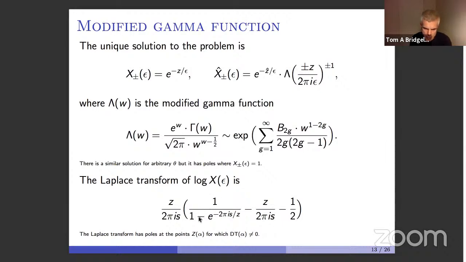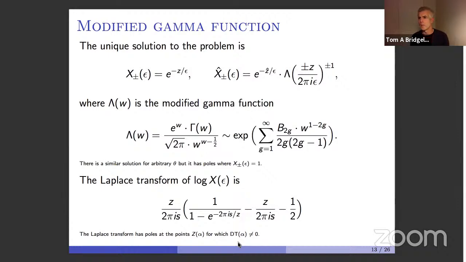What you find is this function, which has a pole at the integers essentially, and you take some stuff away so it doesn't have a pole at 0 anymore. So this is a function with a pole at all the non-zero integers, or non-zero multiples of Z, in fact.